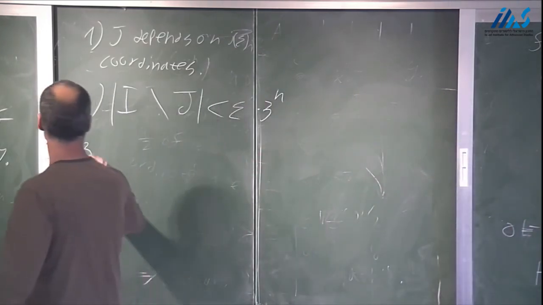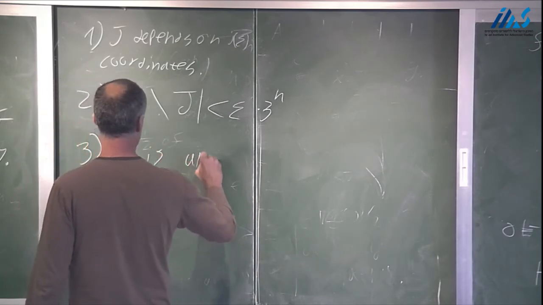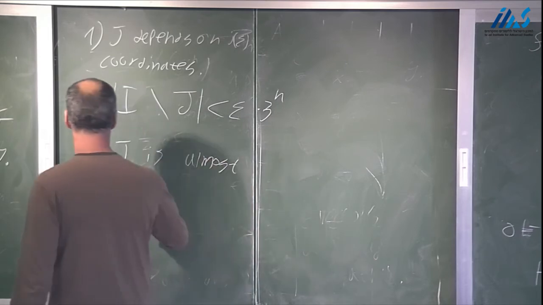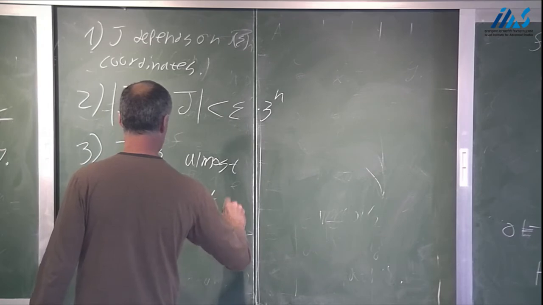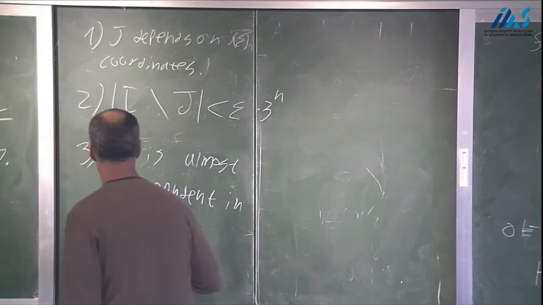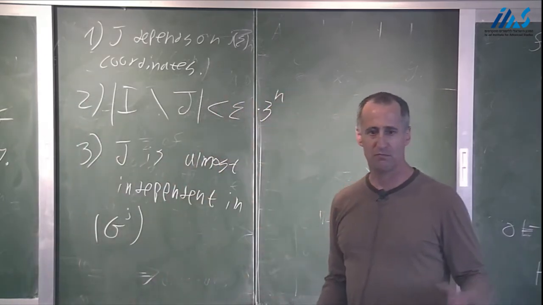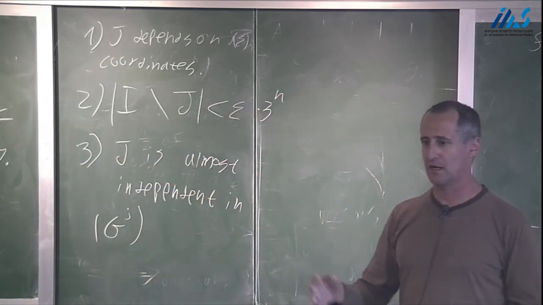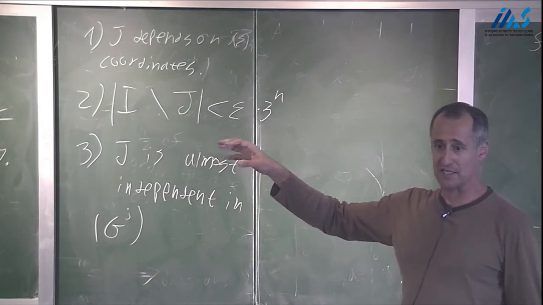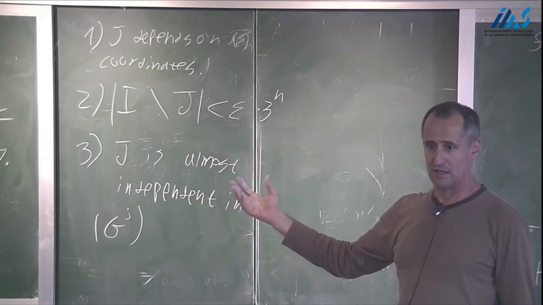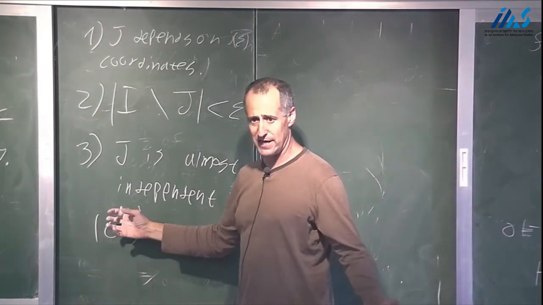So 3 is: J is almost independent in the graph G^J. For example, I just look at the first 3 coordinates, take everything that has at least 2 out of those 3 being 0, and that's some set. You can think of it as a set in {0, 1, 2}^3.